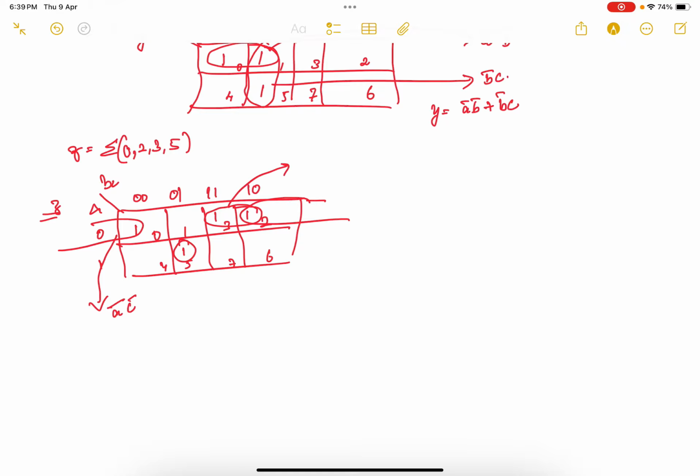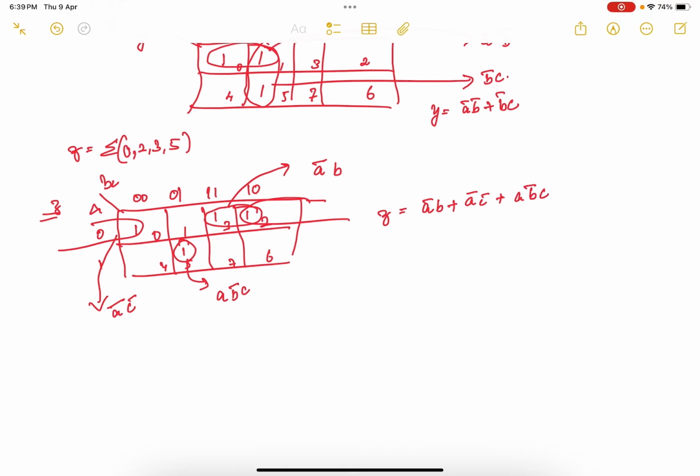When I talk about this pair, the common term is A bar, and in these two things the common term is B. This single comes in the category of A B bar C. So your output expression Z is nothing but A bar B plus A bar C bar, and the next thing is A B bar C.